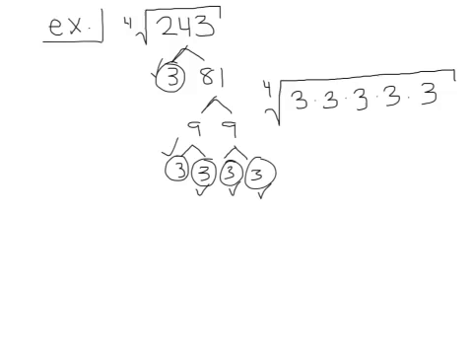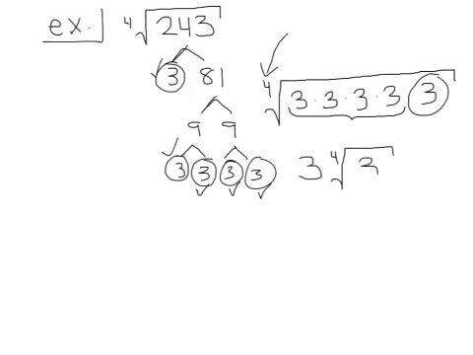Now, since the index tells me that I'm looking for a set of 4, I have a set of 4 3s right there. So I'm going to pull out a 3. What's left is this little guy, and he doesn't have any other 3 of the same friends, so I have to leave him under the radical. That's our final answer.